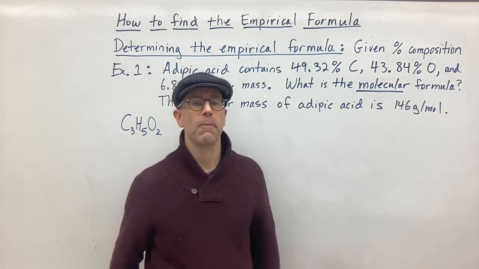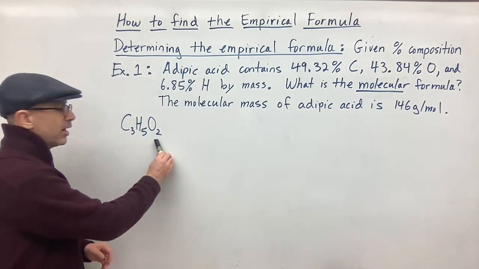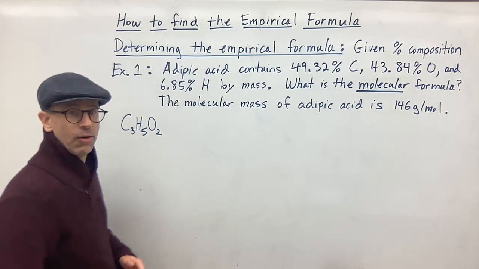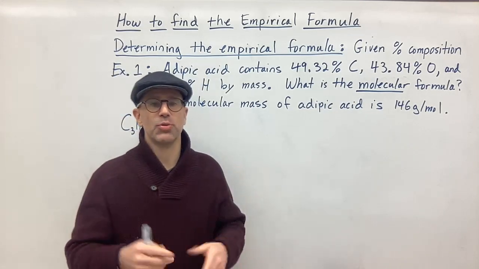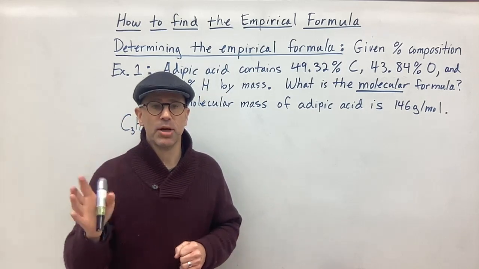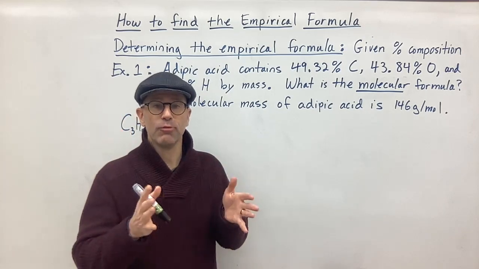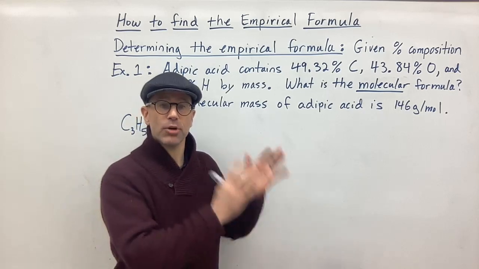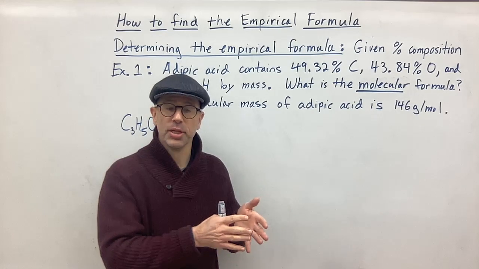And here's how. Assuming we went through all those steps, we arrive at our empirical formula. Now, what did we say before about the relationship between the molecular formula and the empirical formula? The empirical formula is a reduced version of the actual molecular formula.